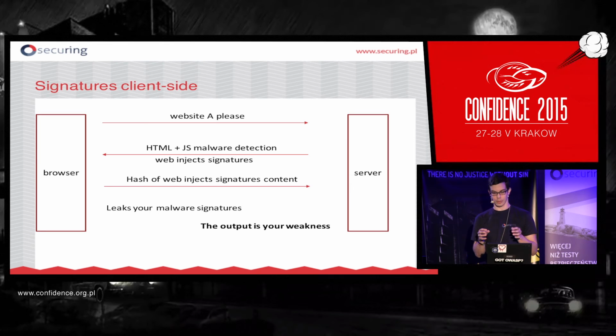There was, let's say, an array of binary numbers, and each signature check was related to changing, or not, depending on whether the malware was found or not, one value in this array, and then this array was sent back to the server.